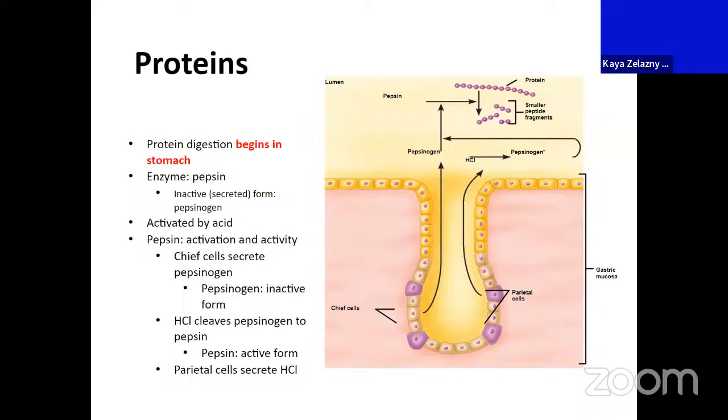But when we're thinking about proteins, really critical thing is that it's taking that pepsinogen, unfolding it a little bit so that it turns into this active form pepsin, which is what starts the breakdown of proteins. So we're starting this breakdown of proteins in the stomach, primarily because of this activated molecule, pepsinogen activated into pepsin, can break into smaller peptide fragments, our polypeptide chain from our unfolded protein.